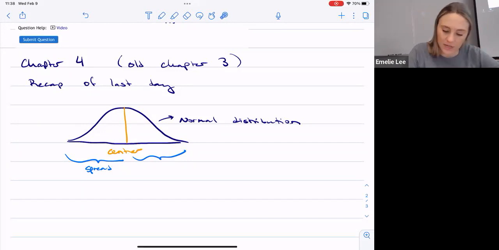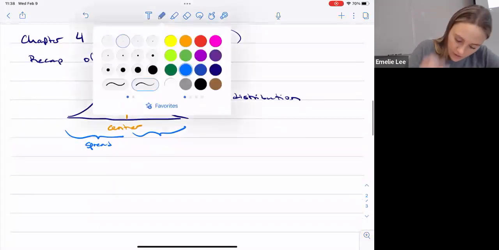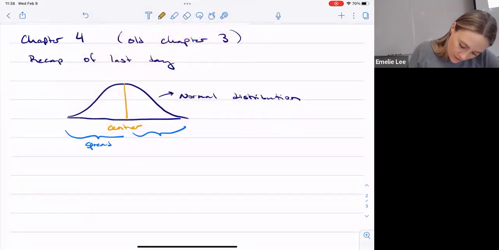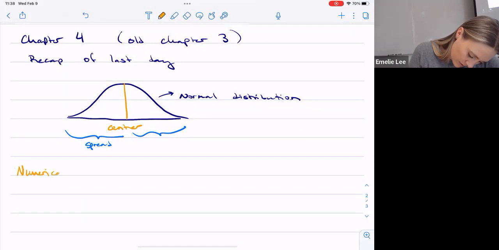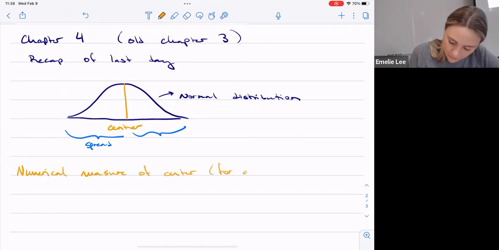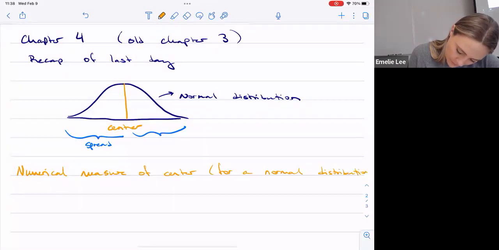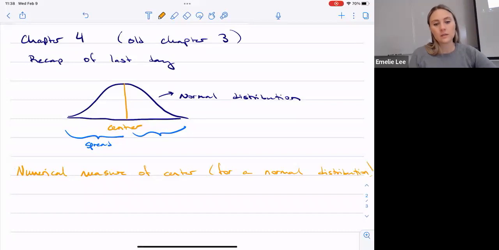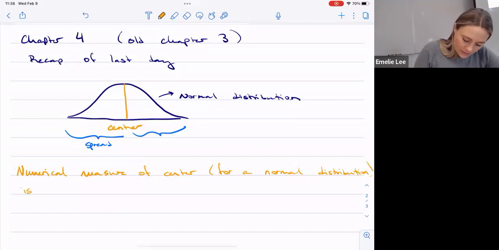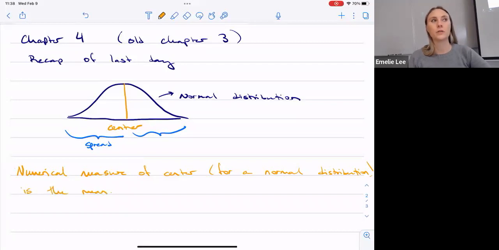The numerical measure of center for a normal distribution is the mean, which we've already talked about.